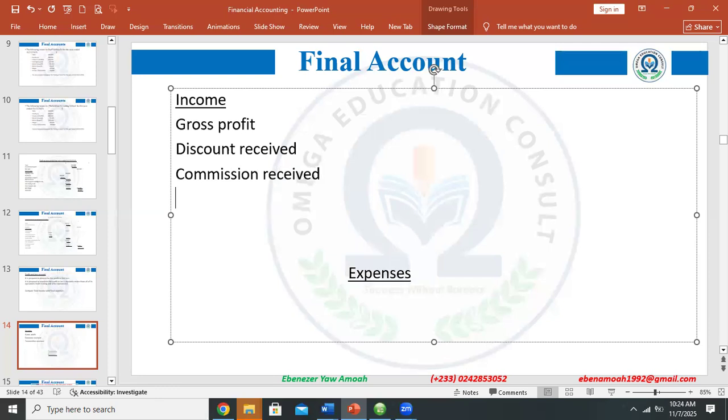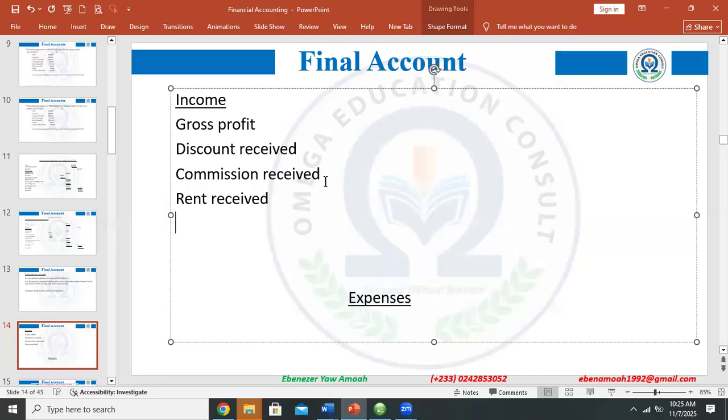Then of course we can also have the rent received. So it's possible that the sole trader, when you go to the market, there are some shops, they don't come on weekends. So what they do is they rent the space in front of them to other people to come and sell, and they take some commission or rent from them.